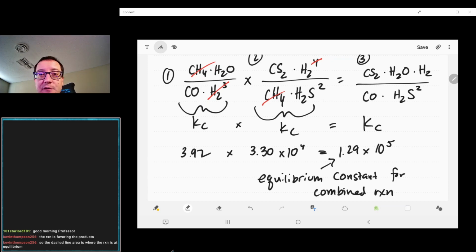So just like with Hess's law where we added the enthalpies together, with equilibrium constants we're going to multiply them together so that the equilibrium expression will work out.